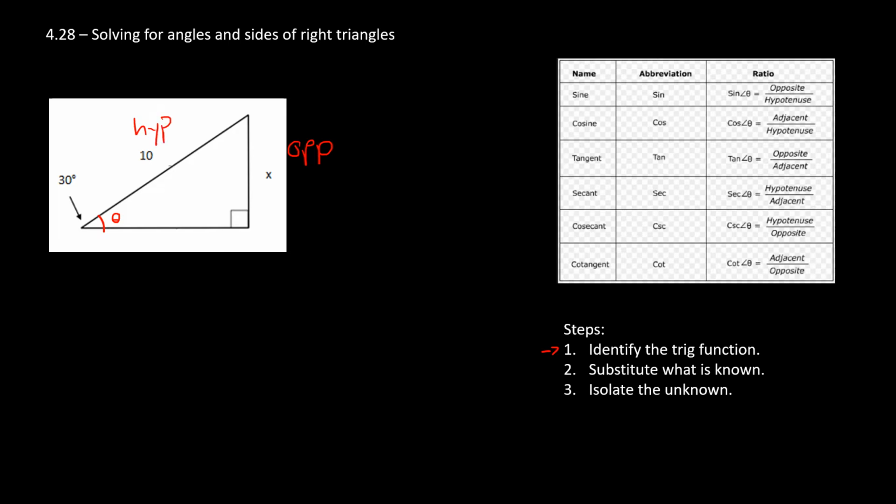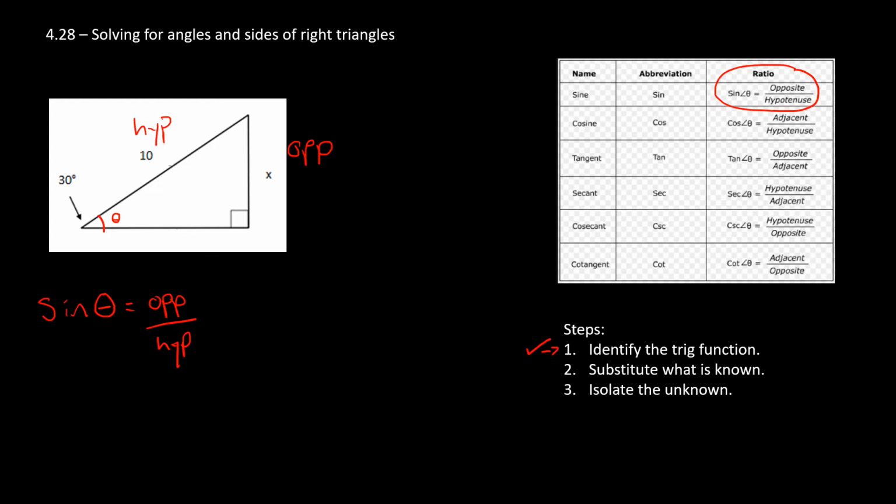I'd come to my ratio chart here and look for opposite and hypotenuse. We're going to be using sine theta. So we can set this up as sine theta equals opposite over hypotenuse.